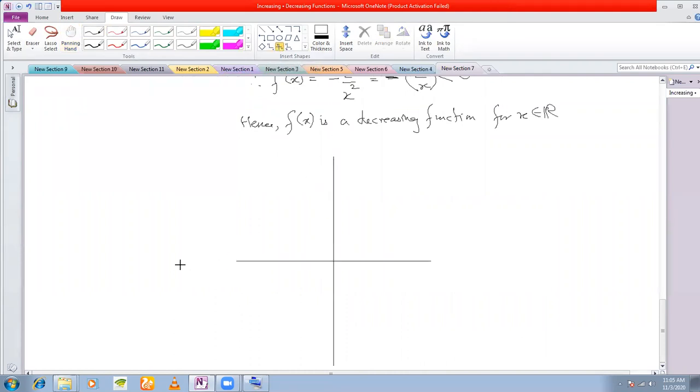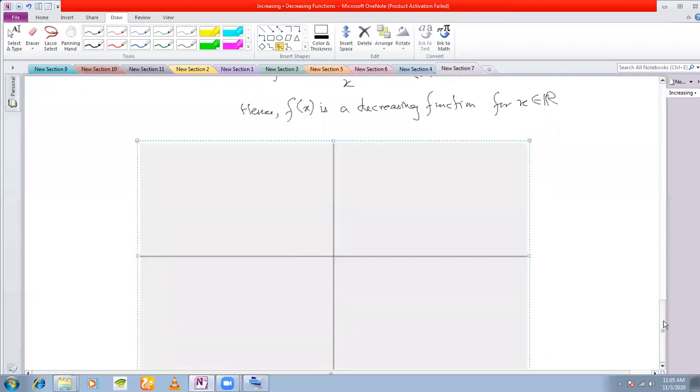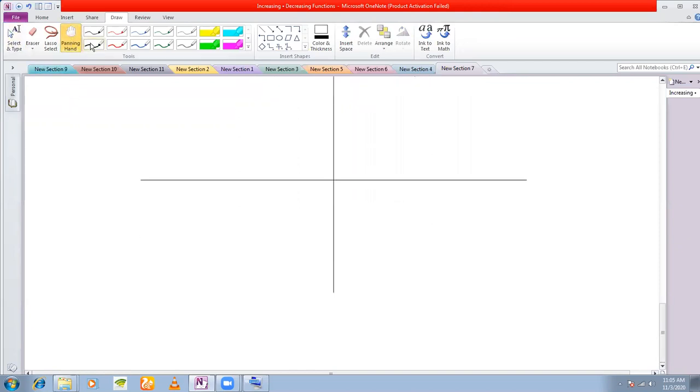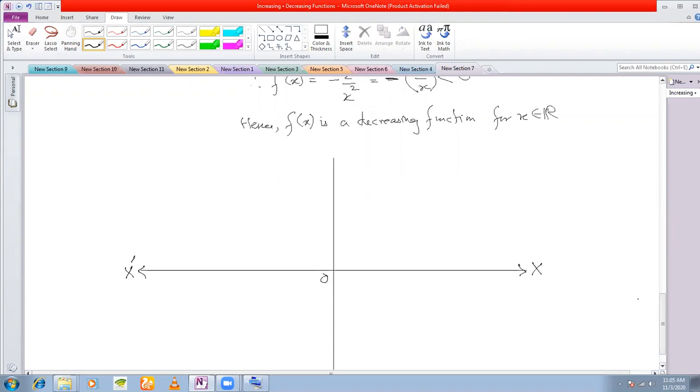Let us see this figure. You have your x-axis and the y-axis. This is the origin. Let us take a function like this.